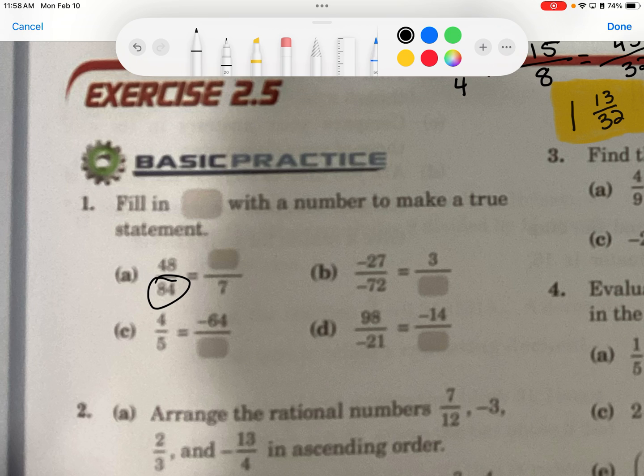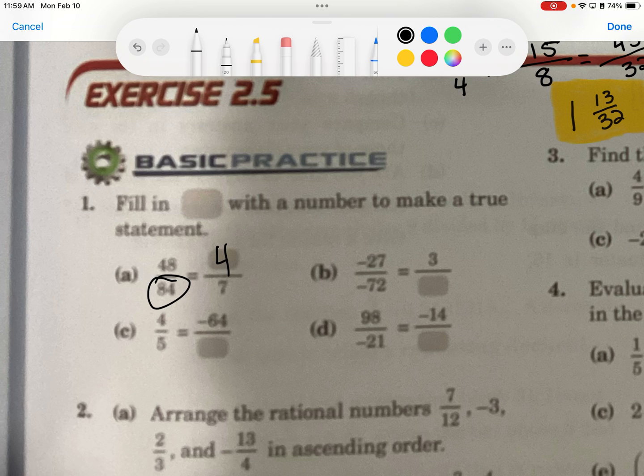So how many 7s fit into 42? 6. And we have two of those, so 12. So 84 was divided by 12 to get to 7. So we do 48 divided by 12, which is 4.